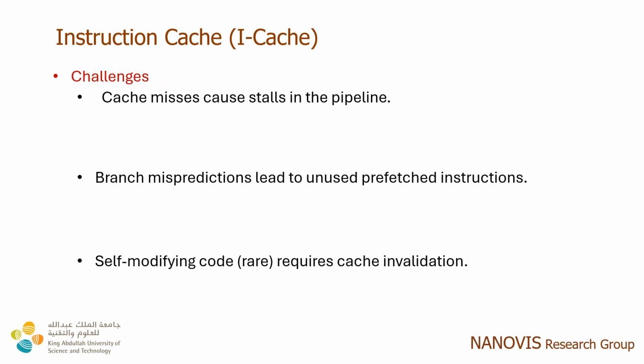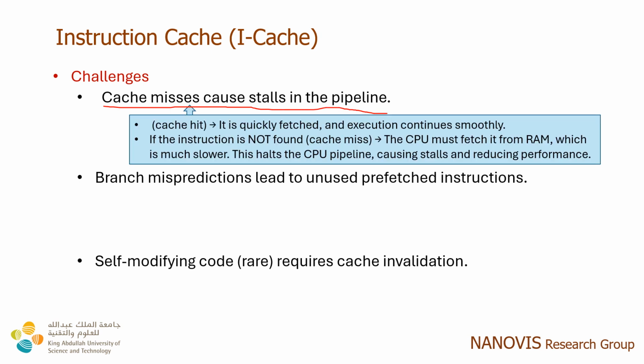There are some challenges which need optimization techniques to handle them. The first challenge is cache miss, which causes stalls in the pipeline. In a cache hit, the idea is clear. There is no issue because the data is directly fetched from the cache.